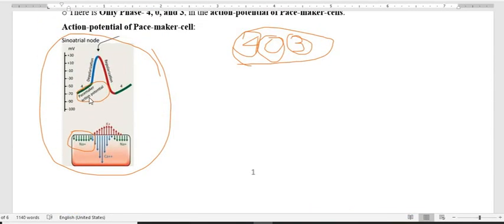So depolarization starts from phase 4 with entry of sodium through the slow sodium channel. When it reaches minus 40, the L-type calcium channel opens, and with entry of calcium it gives rise to fast depolarization, and this phase is called phase zero.